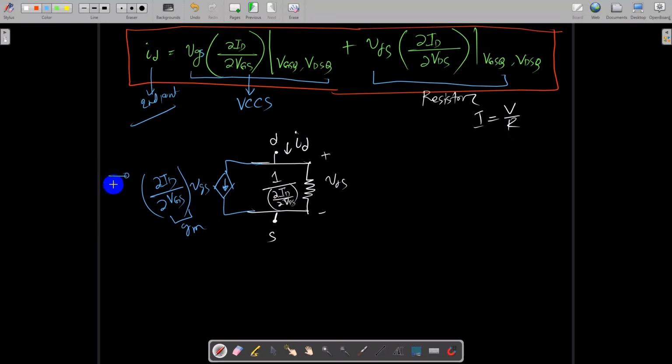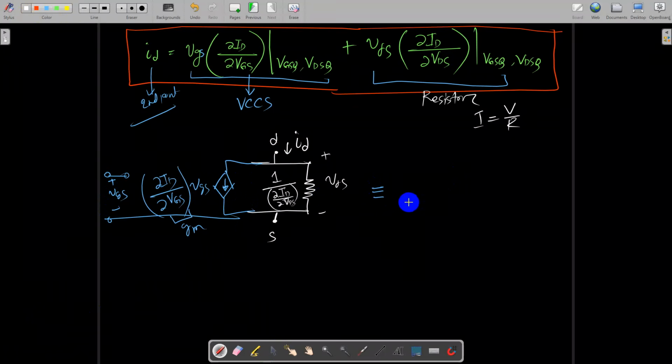And here is your gate terminal, so here is your VGS. So congratulations, we have derived our small signal model for our MOSFET, and this will now look like this.